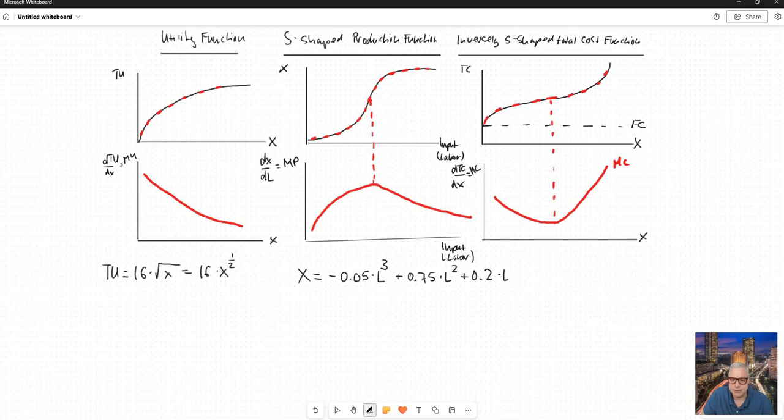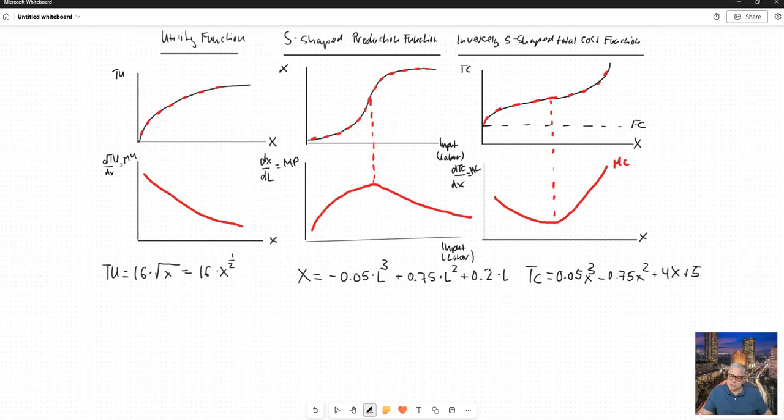And for the total cost function, we may have something that is given by 0.05 x cubed minus 0.75 x squared plus 4x plus 5.